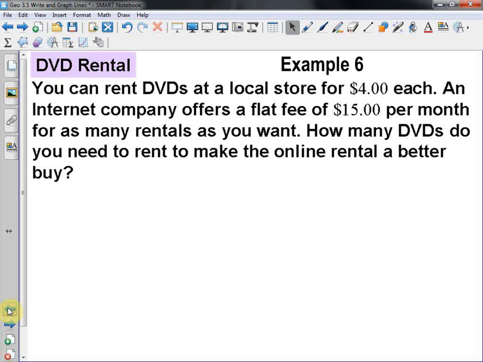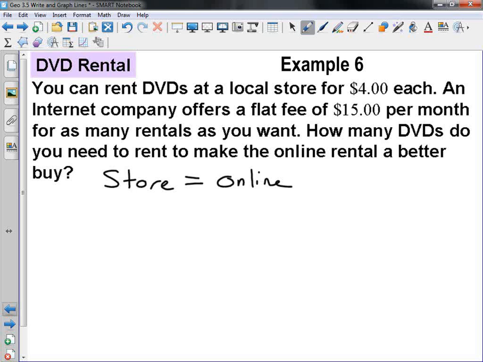So let's come up with an equation for this. What I really want to know is when are these going to be equal? So I want to say when is store going to be equal to online?